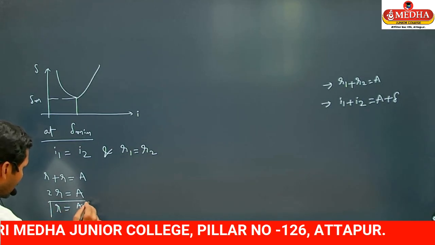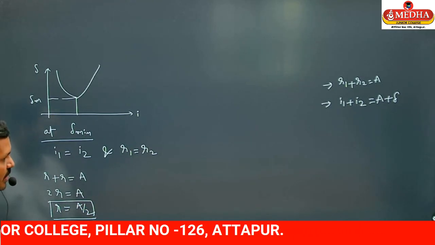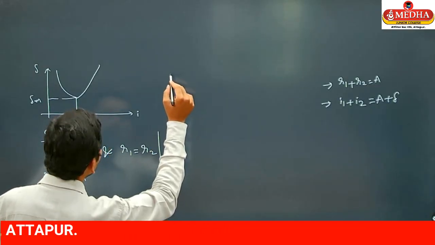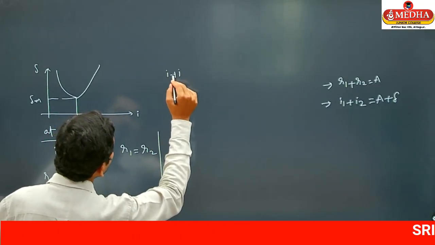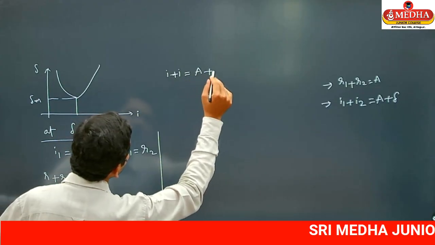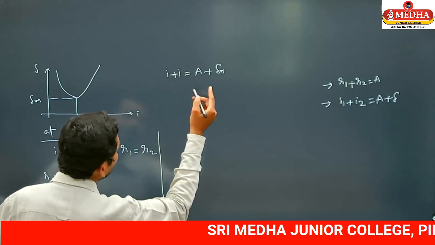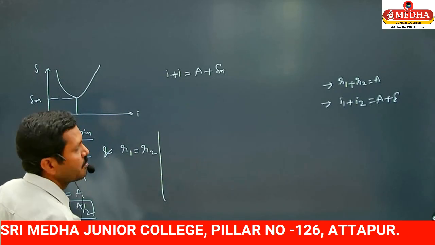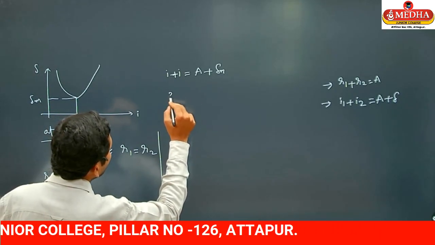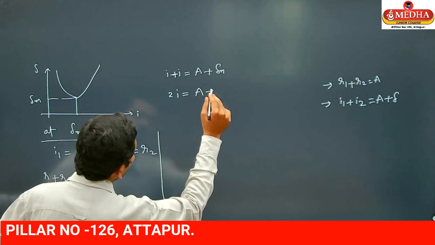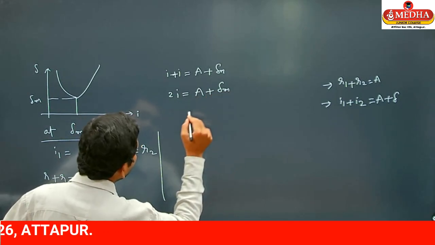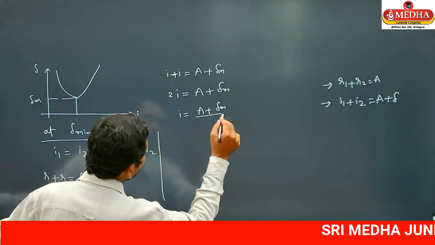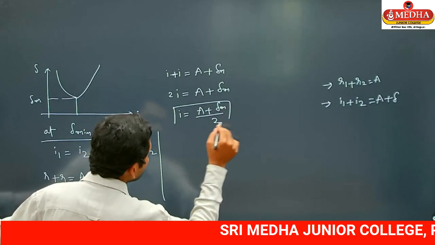So the angle of refraction is half of the angle of prism. And one more relation: I1 plus I2 means I plus I is equal to A plus delta M, because the deviation we take is the angle of minimum deviation. So 2I is equal to A plus delta M, and I is equal to (A plus delta M) by 2. This is the angle of incidence.